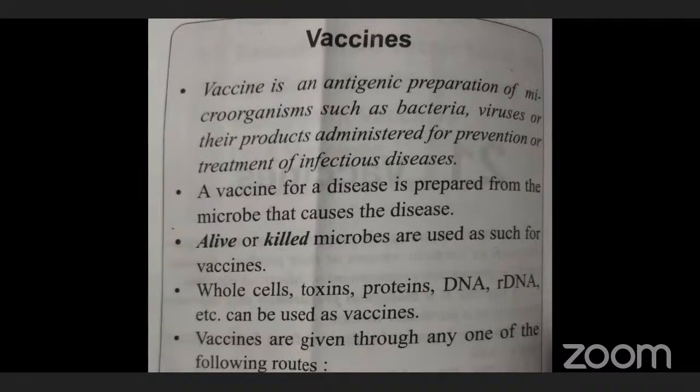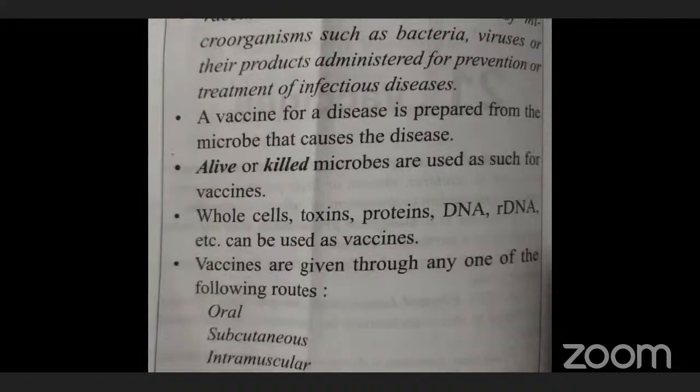They are prepared from organisms that are either heat killed or inactivated, or with inactivated antigenic properties. So vaccines are antigenic preparations of organisms, bacteria, viruses. We can prepare them from any kind of organism, like bacteria, and they are used to prevent infectious diseases. That is called a vaccine.